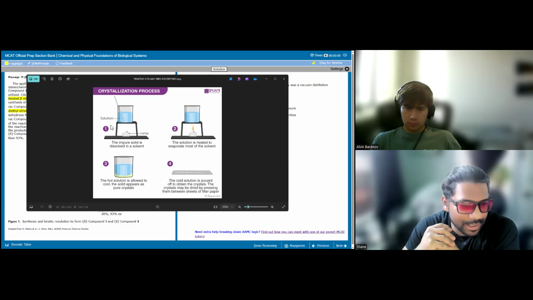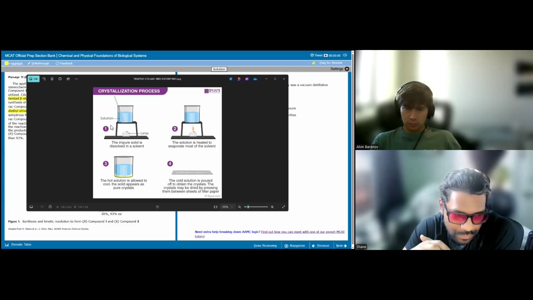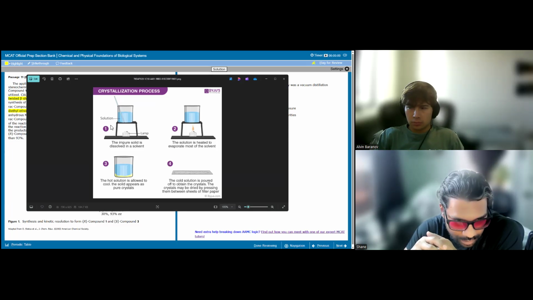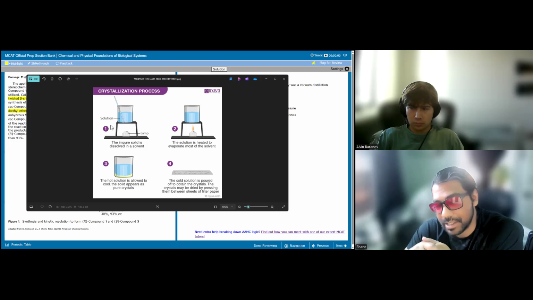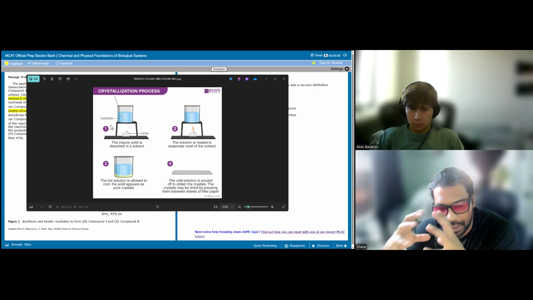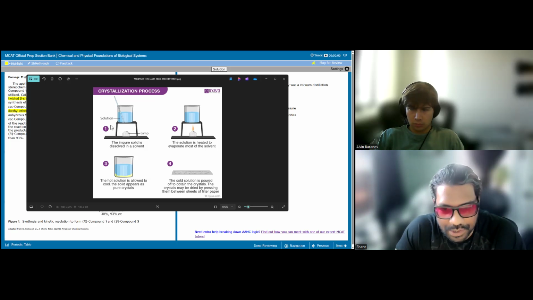So the idea is that there's an impure solid in this case in a solution, and that we heat it to evaporate most of the solvent, so you're left with the solutes, and then you just let it cool down really, really slowly for it to form more pure crystals rather than impure crystals.